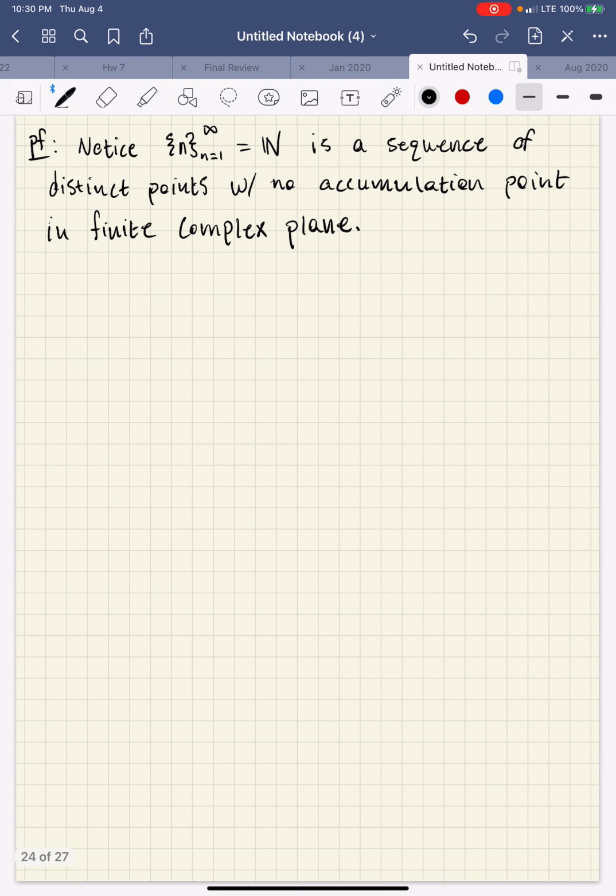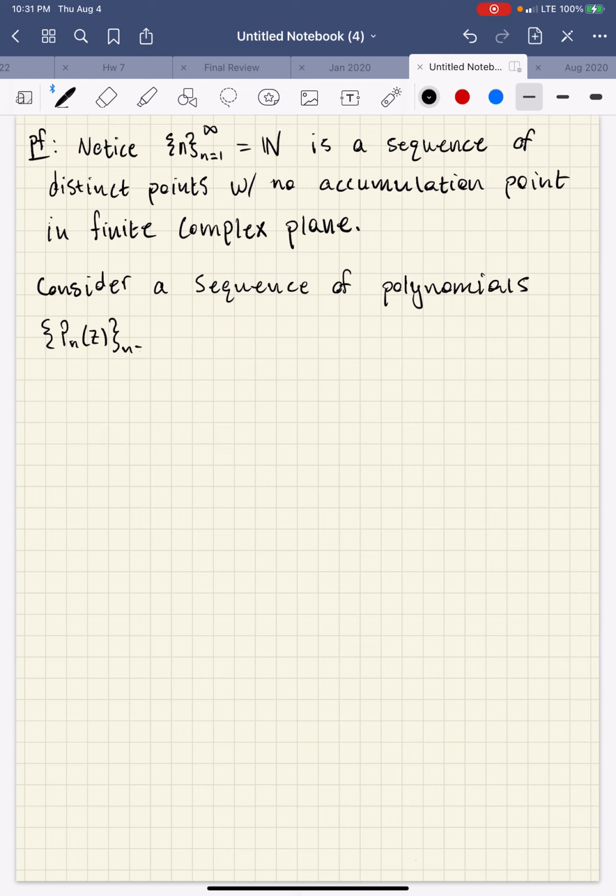So let's instantiate that. Let's go ahead and consider a sequence of polynomials. Let's call it p sub n of z, where n runs from 1 to infinity, defined by p sub n of z is equal to z, for all the natural numbers.